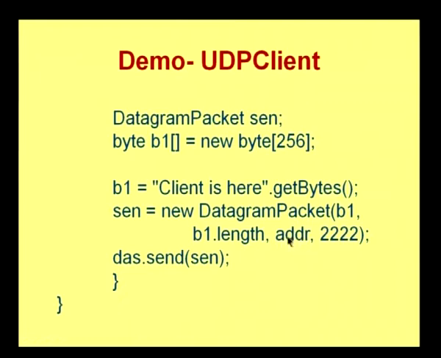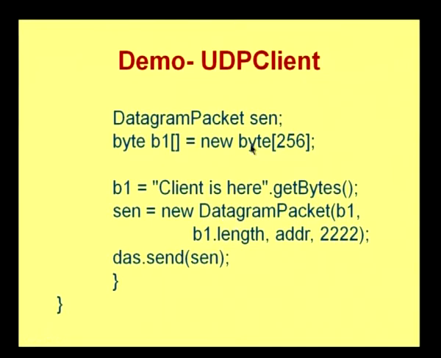Here ADDR is pointing to the InetAddress object of your current system, followed by the port number to which I am going to send this datagram packet. Then I call the send method of my DatagramSocket.